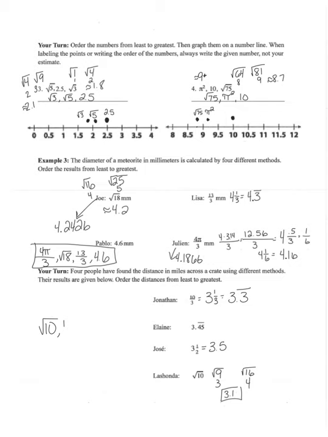So 10/3. And then we've got Elaine. And then we've got Jose, 3.5. So there we have it. Now we have an accurate list in order from least to greatest.